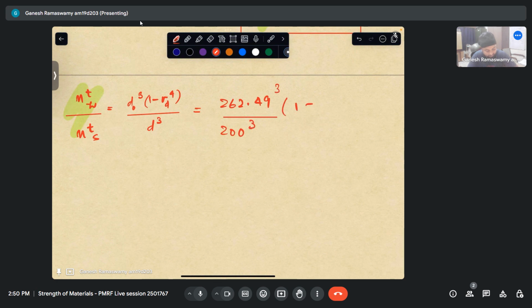RD is d inner by d outer, that is 170 by 262.49, the whole cubed.